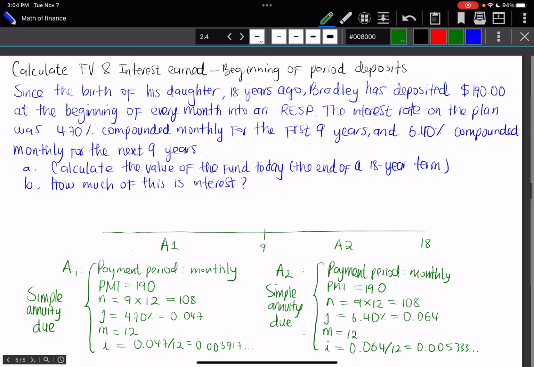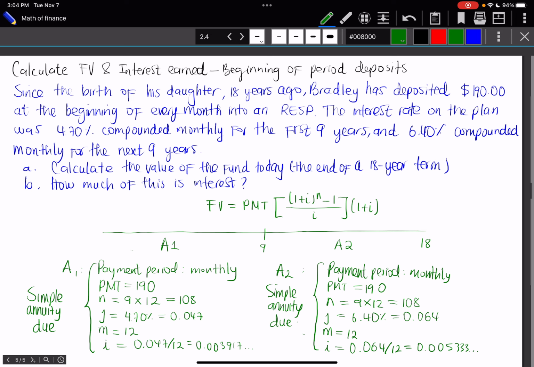When we have a simple annuity due, the future value is computed by doing PMT, so we multiply the amount of the periodic payment by 1 plus I to the n minus 1 over I, and then all that times 1 plus I.